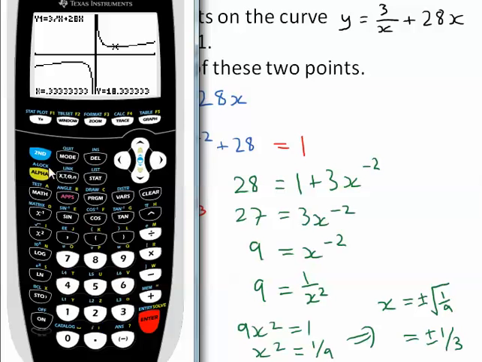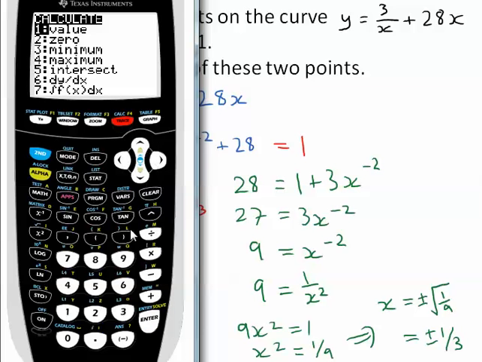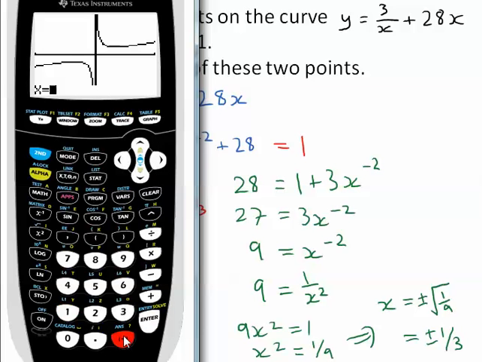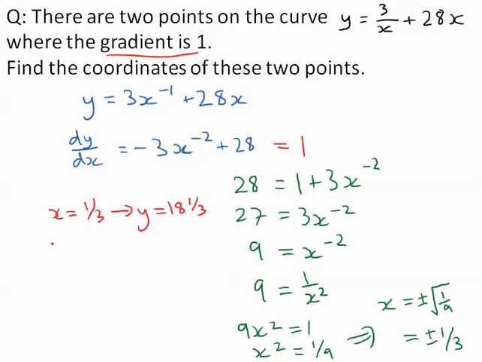And now I can do the same for the other one. Value when x is negative 1/3, then y is negative 18 1/3. So x is equal to negative 1/3 means that y is equal to negative 18 1/3.